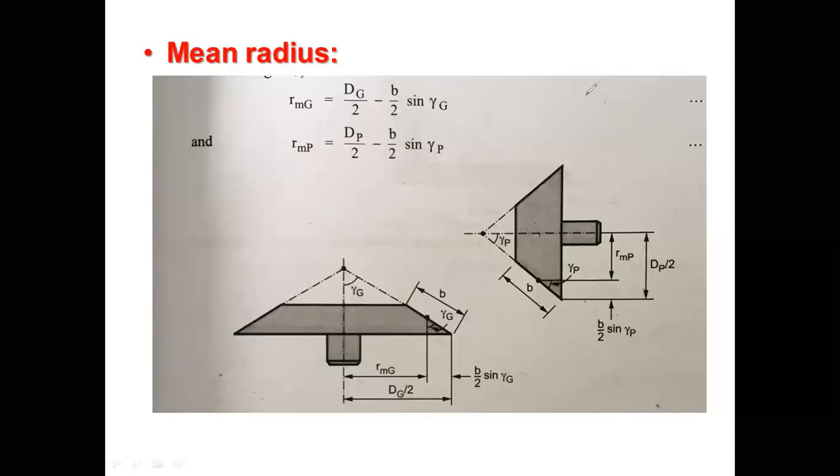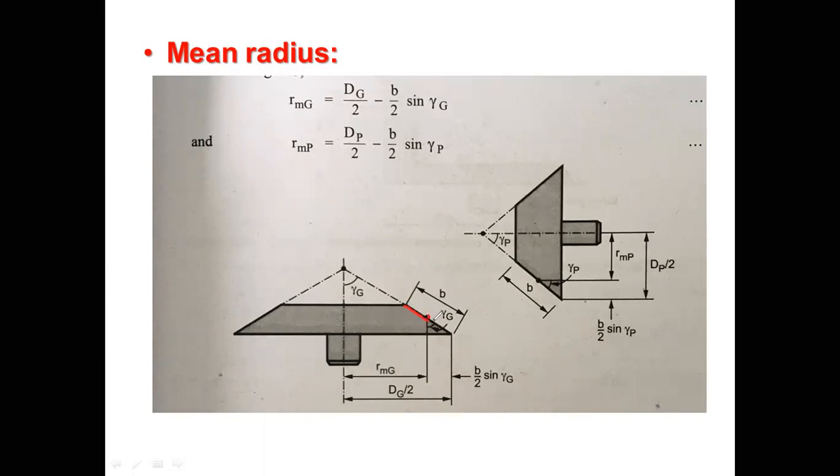What is meant by mean radius? It is the pitch radius of the bevel gear along the face width but at the midpoint of the tooth, means the radius measured at the midpoint of the teeth.